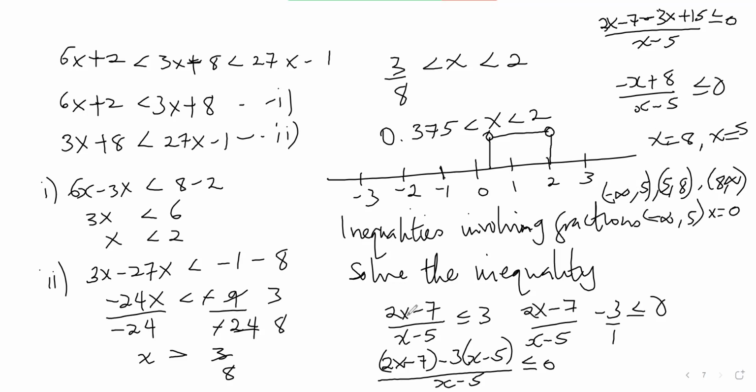So we substitute x in this, we'll have 2 times 0 minus 7 over 0 minus 5. Is it going to be less than or equal to 3?